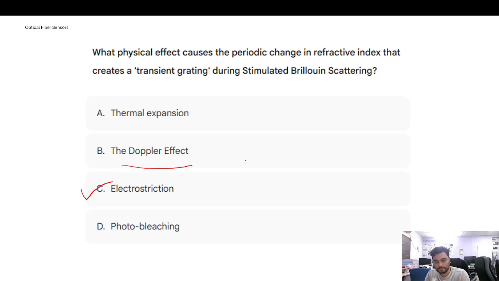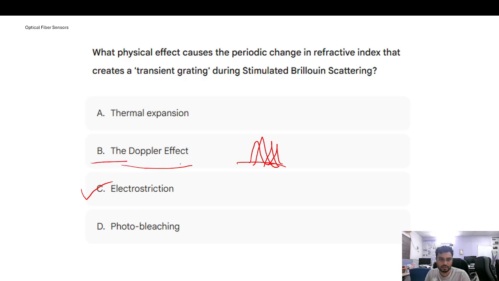Because of the frequency shift, but it will not explain the mechanism of how the index modulation itself is created.